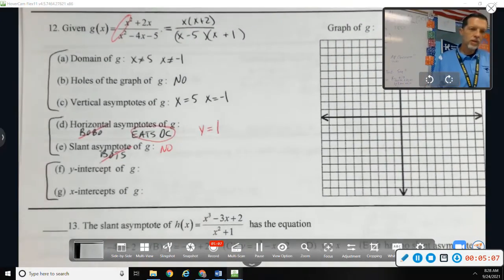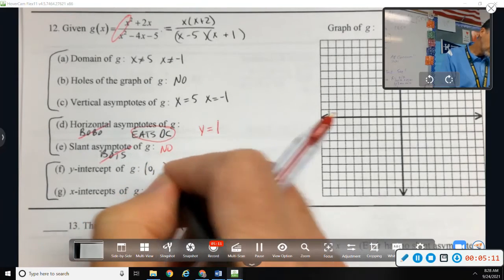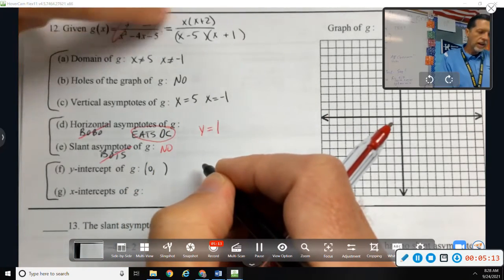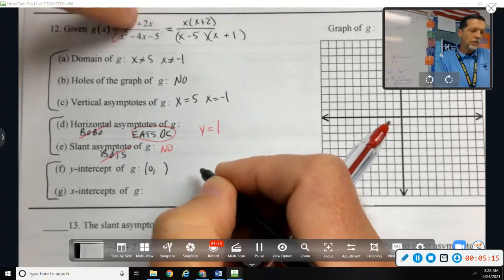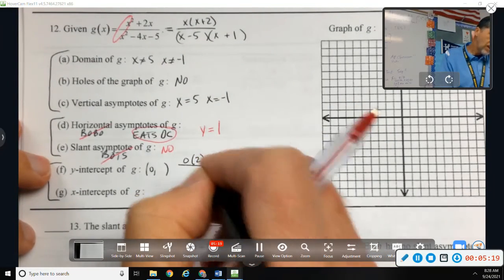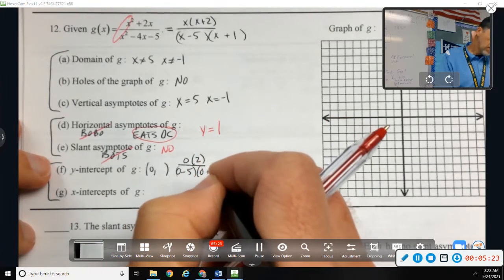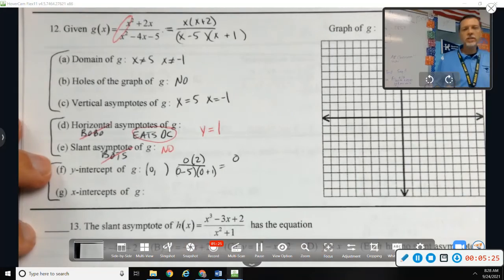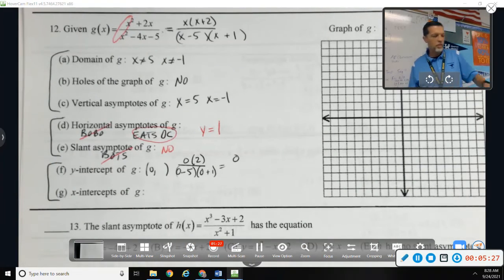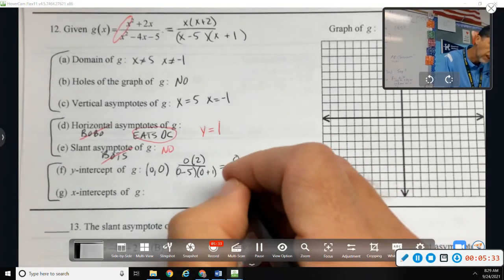Back to number 12. Y-intercept is set x equal to 0. And I can plug it into either the original or the factored. I think factored is easier. So I get 0 in the top, which means I don't really care what's in the bottom. 0 over -5 is 0.